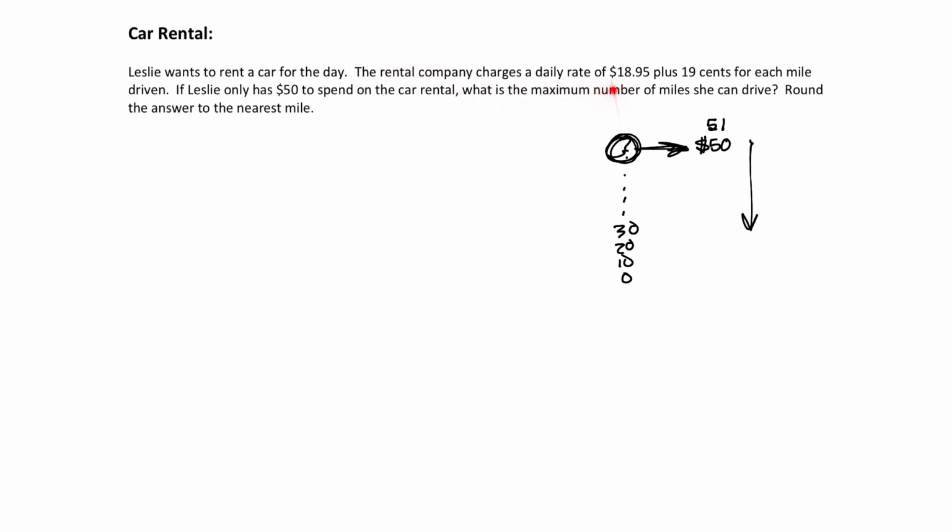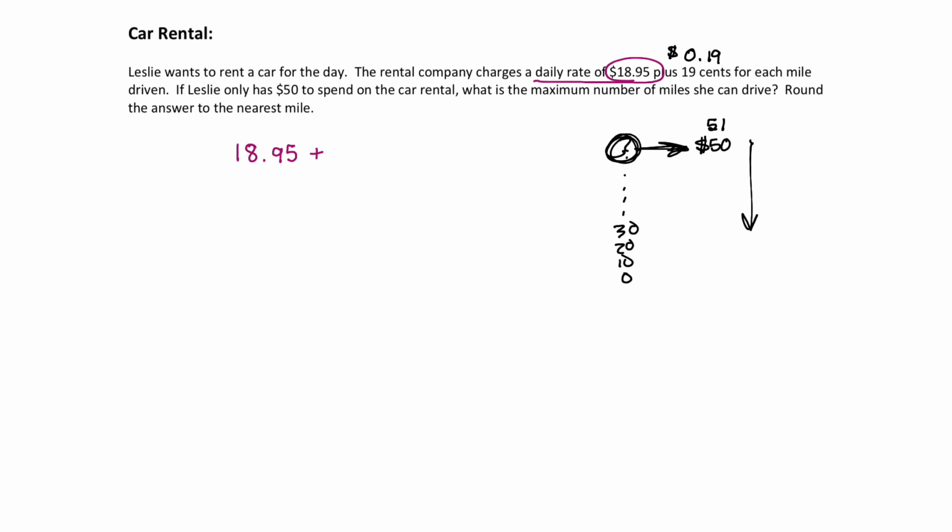They charge a daily rate of $18.95. So we're going to start with that and then add 19 cents for each mile. The daily rate here, the $18.95, everyone pays. And we're going to add on to that 19 cents per mile. Now this is in dollars, this is in cents. You can't combine them like that. So we're going to write 19 cents as 0.19, and then it's in the same format as the first one.